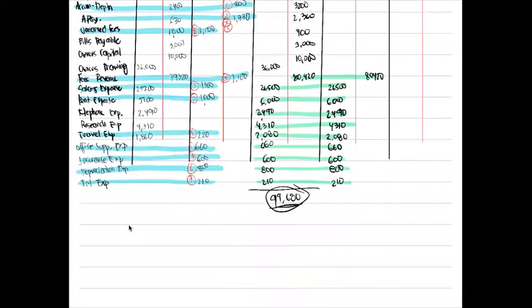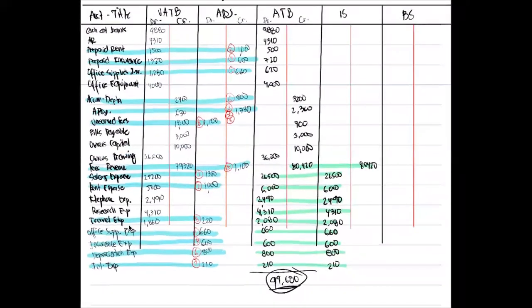Okay, so as we said earlier, what we really need to forward to the income statement are only the income statement items. Okay, so we total it. Of course, this is 80,420. This item, we total it. 26,500 plus 6,000 plus 2,490 plus 4,310 plus 2,080 plus 660 plus 600 plus 800 plus 210 will give us 43,650.